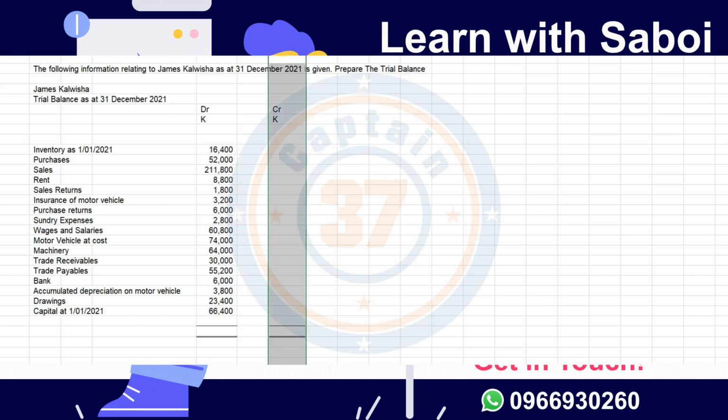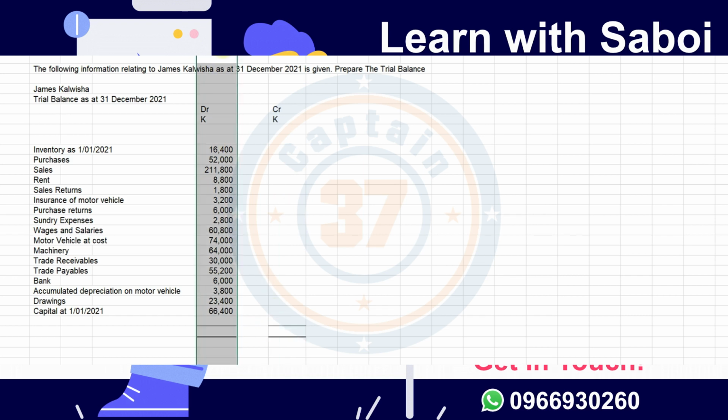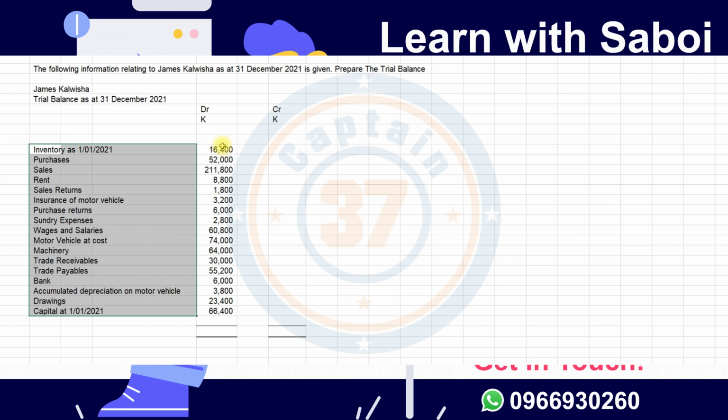At the end of the activity, a trial balance is going to have debits and credits which are equal. The total figure for debits is going to be equal to the total figure for credits. Let's begin to look at each one of the items and begin to align each one of the figures corresponding to those items and place them correctly as debits or as credits.